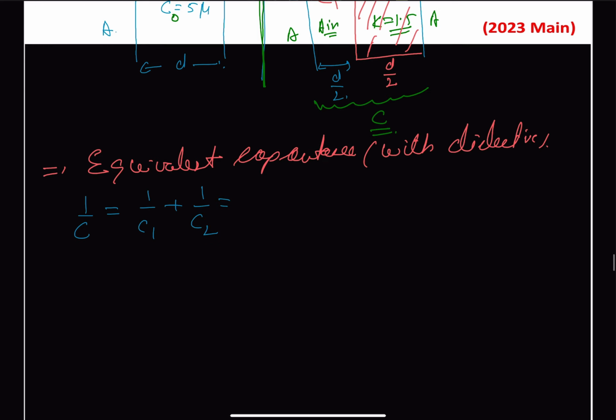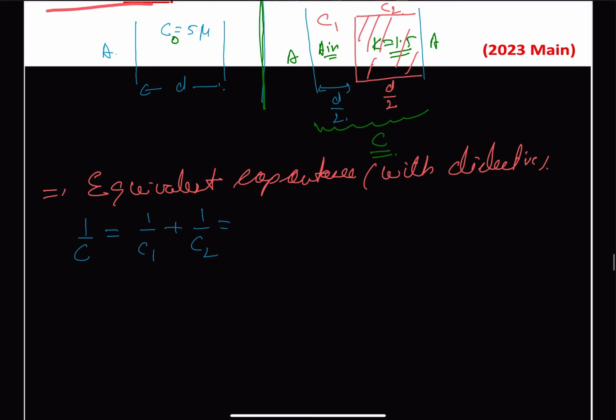And our C1 is of air, so this comes as epsilon naught area upon d by 2, plus this comes as K epsilon naught area upon d by 2.